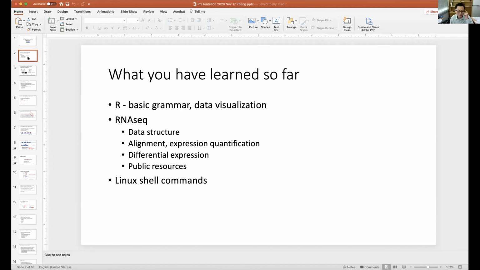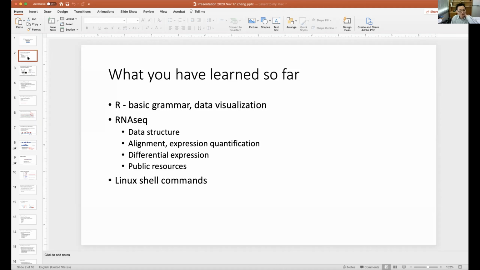So I think what this series has covered so far is basic R and data visualizations, and you have learned a lot about RNA sequencing, including the data structure, some basic concepts of alignment, expression quantification, differential expression, and so on and so forth. You also learned something about the Linux shell commands.